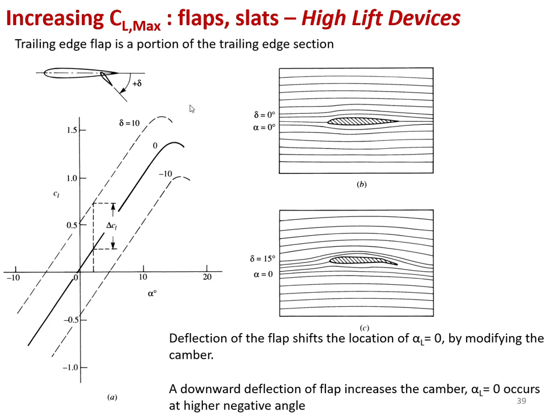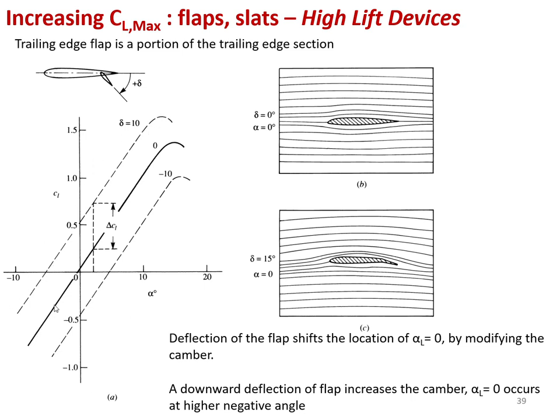Increasing the camber of the airfoil means higher lift coefficient. So positive delta, positive angle is going to cause a higher lift, and negative delta is going to cause a negative camber, which is going to result in lower lift.